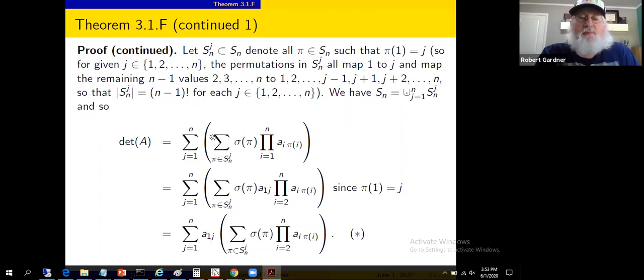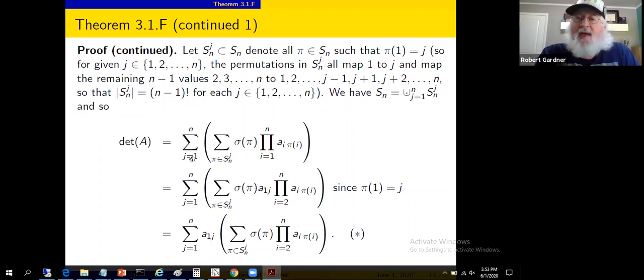Well, we've written it as a double sum because we've taken that S sub n and partitioned it into these S sub n super J's. So instead of having a single sum over all of S sub n, we could take a sum over one of these S sub n super J's and then let the J range over its values of 1 to n.